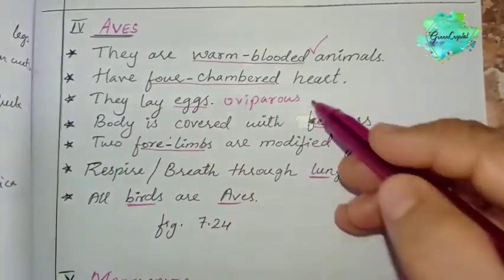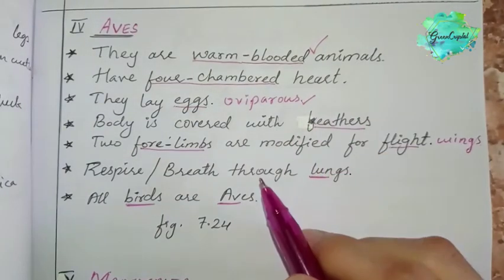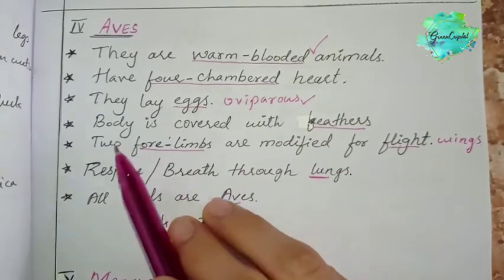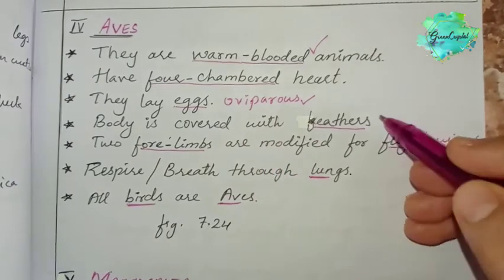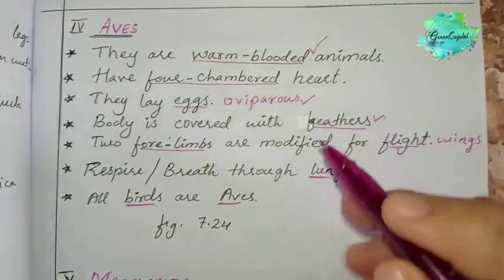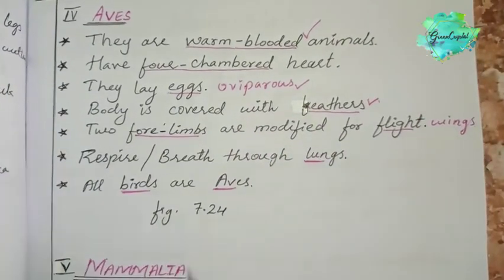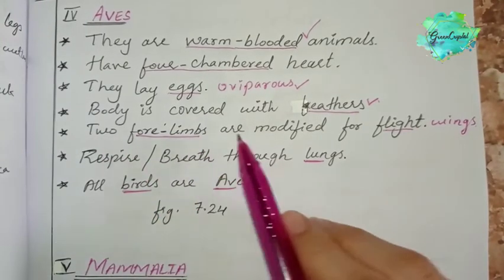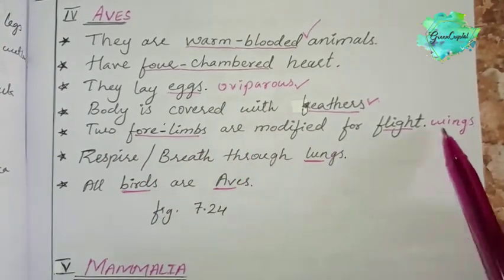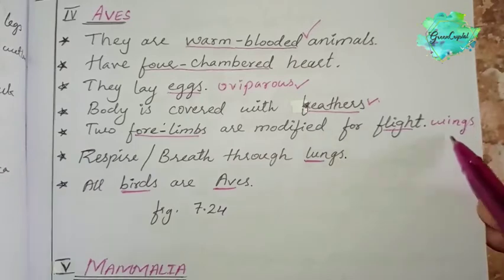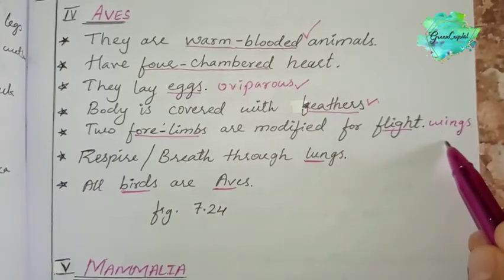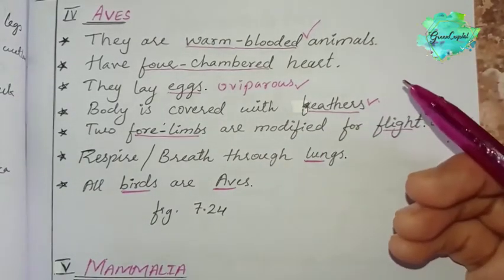They lay eggs. So laying eggs means oviparous. Okay, and the body is covered with feathers. We know all the birds, how they are. So two forelimbs are modified for flight. Okay, that is called wings, and their bones are hollow.